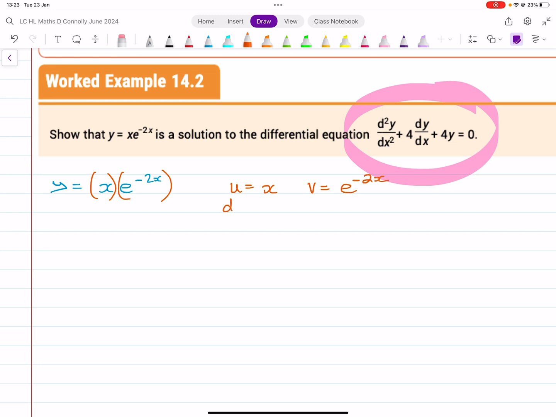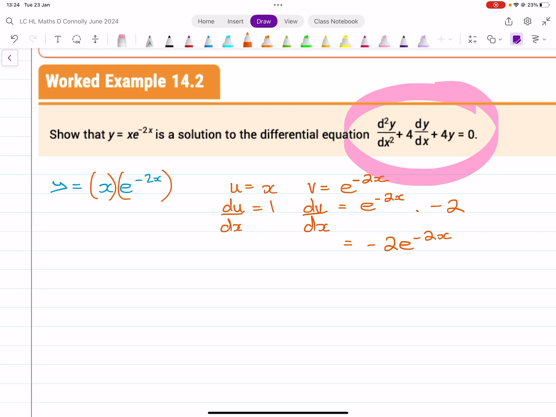So then du/dx is 1 and dv/dx, you differentiate the e and you get it back, and then you multiply by the derivative of the power, which is just minus 2. So it's minus 2e to the minus 2x.